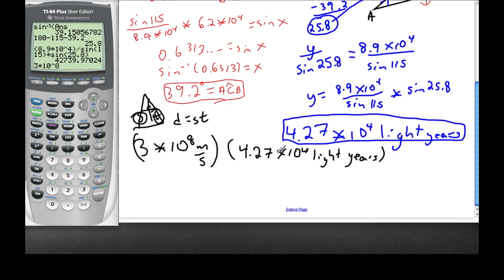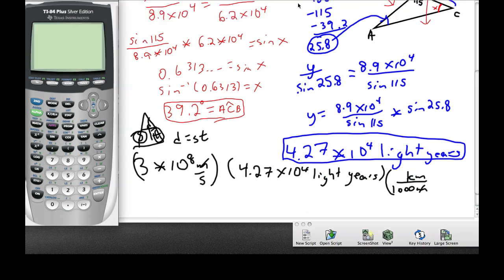So how are we going to get this all to match up? Well, we got to get from seconds to years, and from meters to kilometers. So we know that there are 1,000 meters in every kilometer. Therefore, the meters cancel. Then we've got light years and seconds.